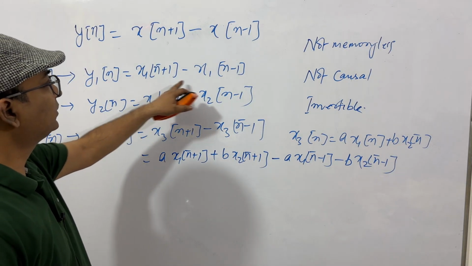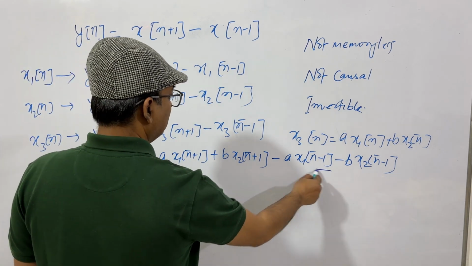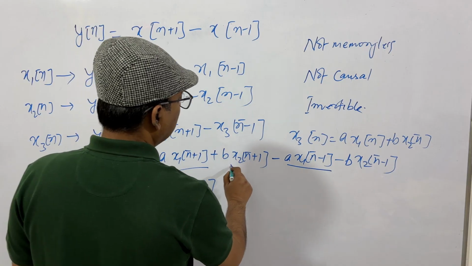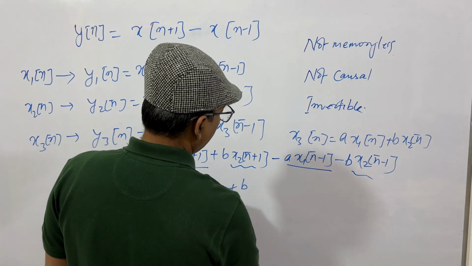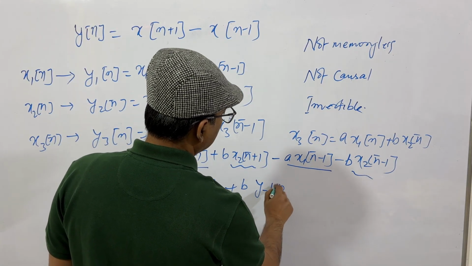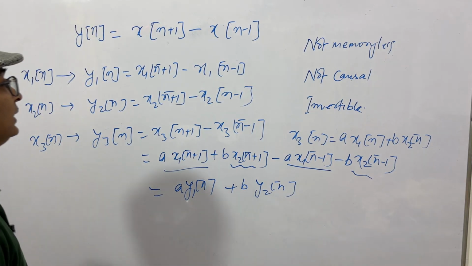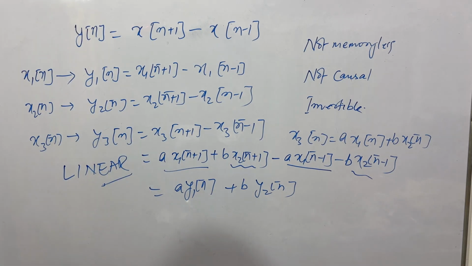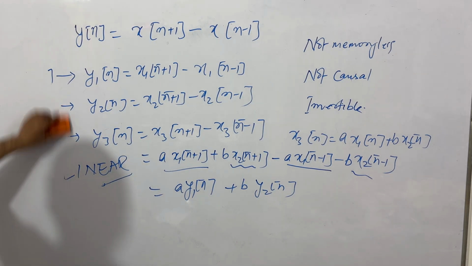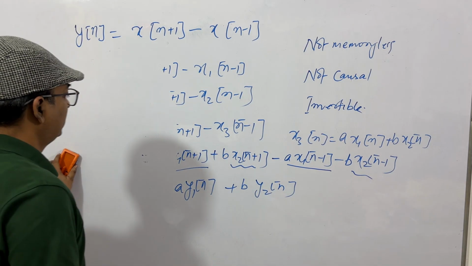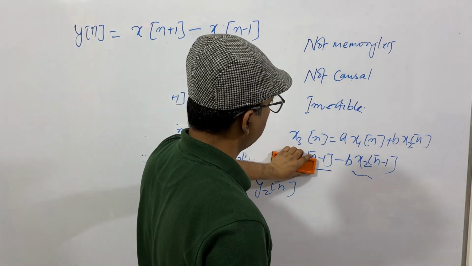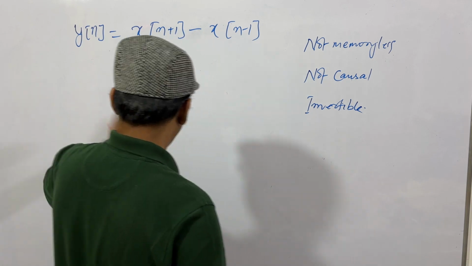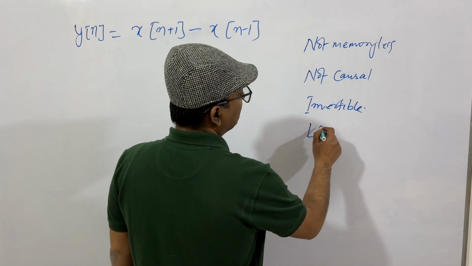Now this minus this, see, this is actually a y1(n) and this is b y2(n). So the system is linear. Now let's see whether the system is time invariant.